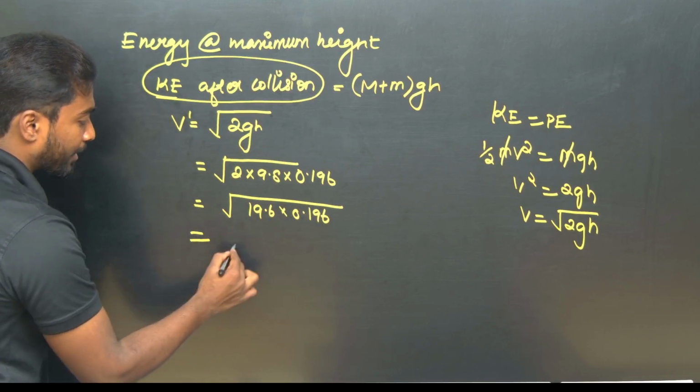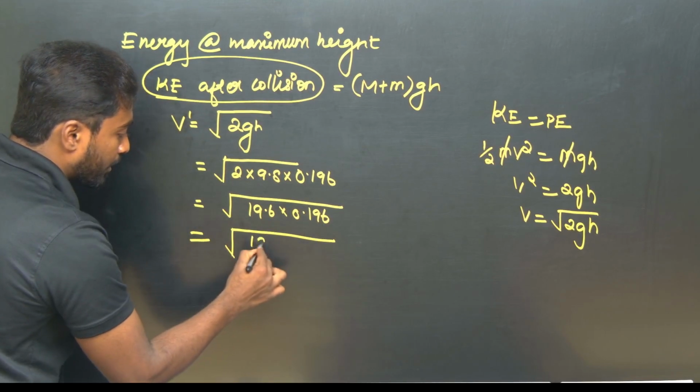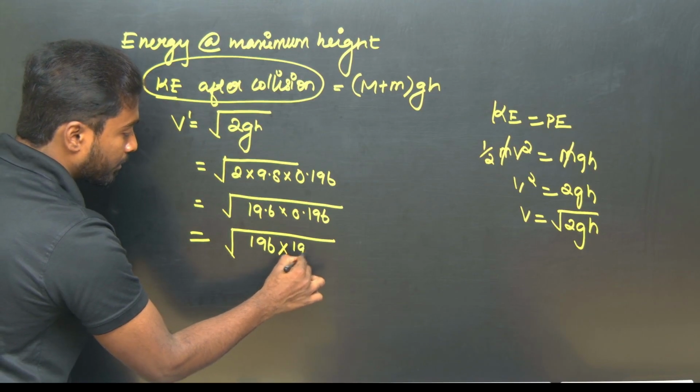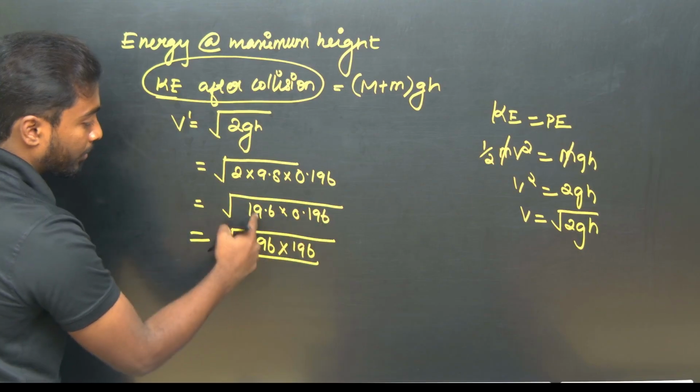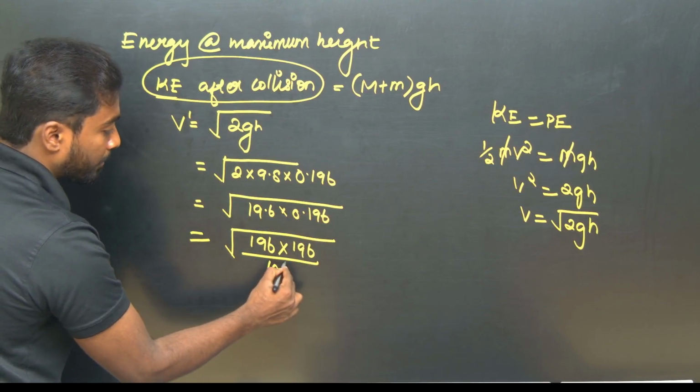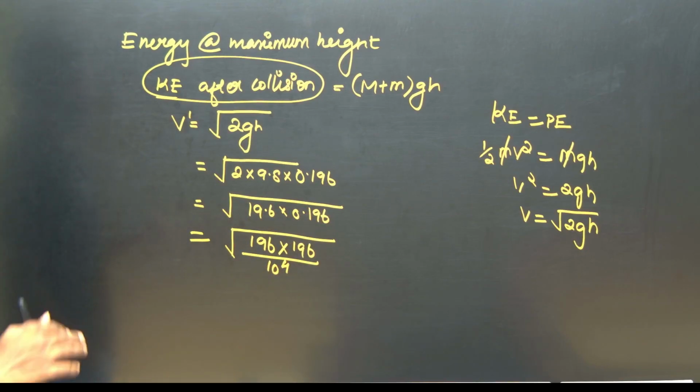So in this one I can write it like this: 196 into 196 divided by 10 power 4.